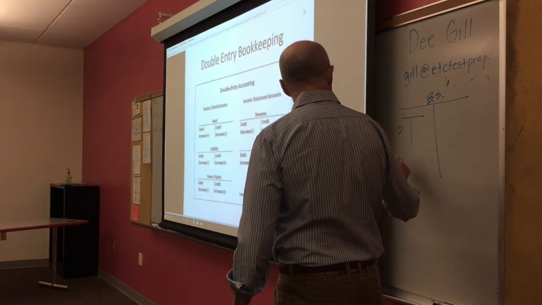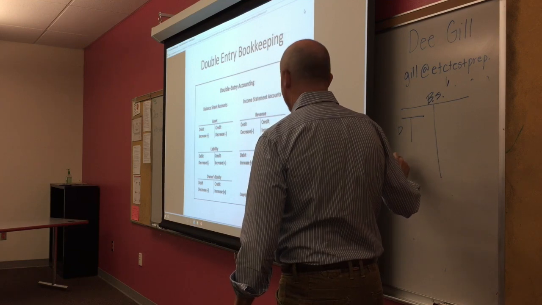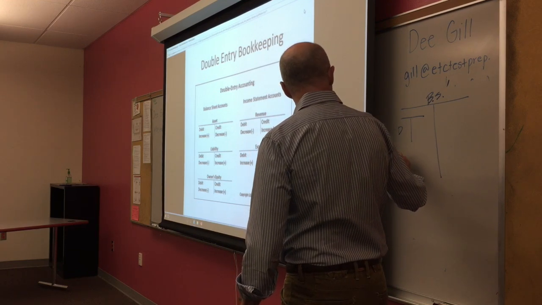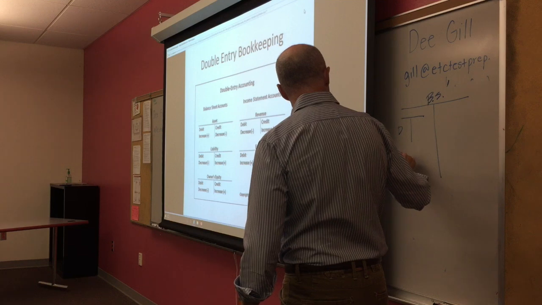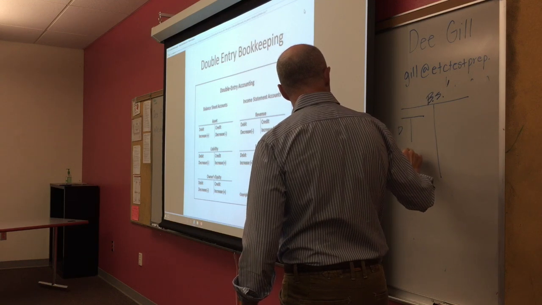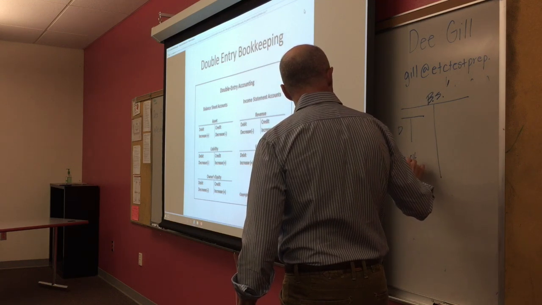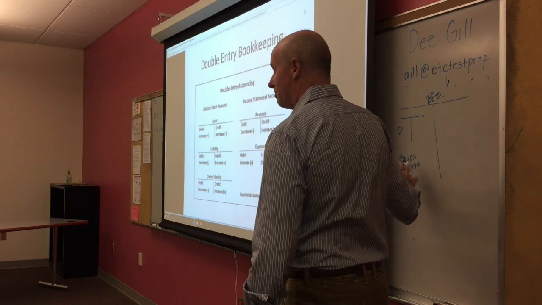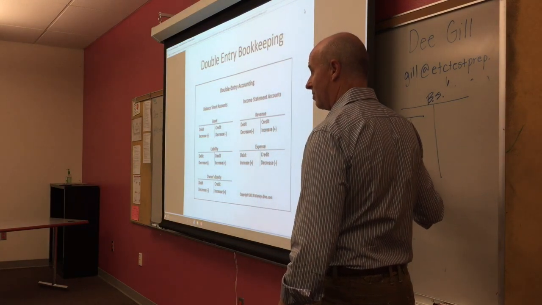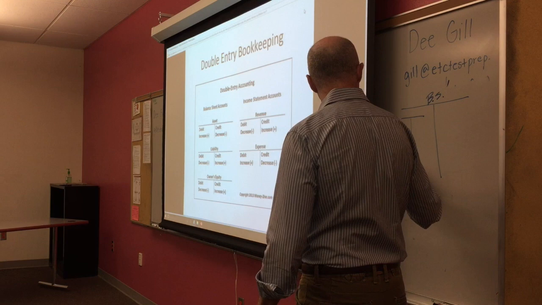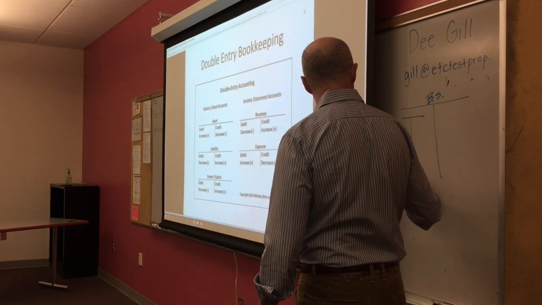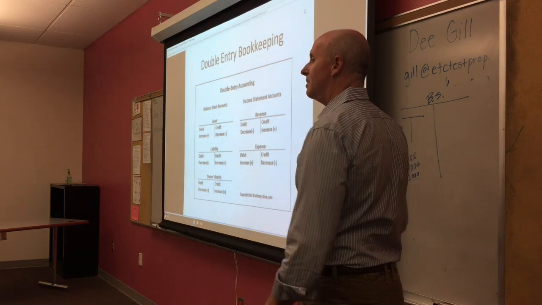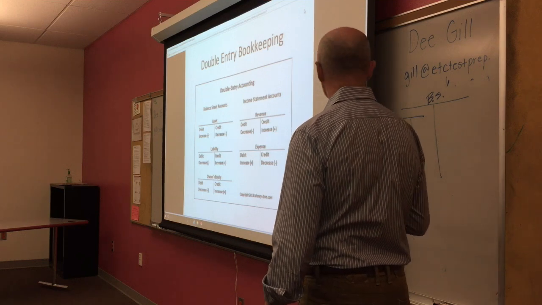Now, when you think about a piece of equipment, right? Say you have a truck, and the truck costs 10 grand. Well, that's a debit balance of $10,000. You have an asset of $10,000. But then you take, say, $2,000 worth of depreciation.